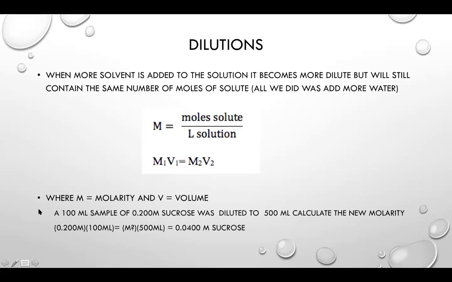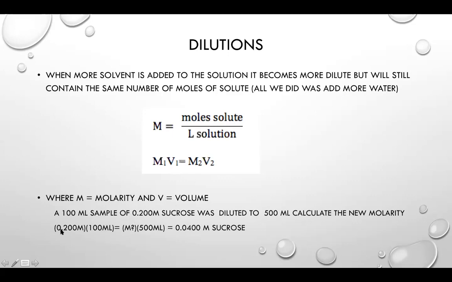For an example, we have a 100 mL sample of 0.200 molar sucrose, and it was diluted to 500 mL, and we're going to calculate the new molarity. So these are our starting volume in mLs and our starting molarity.